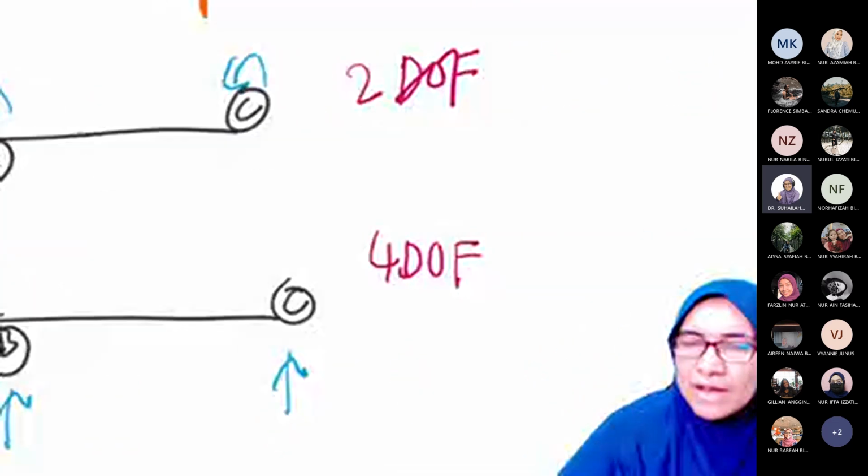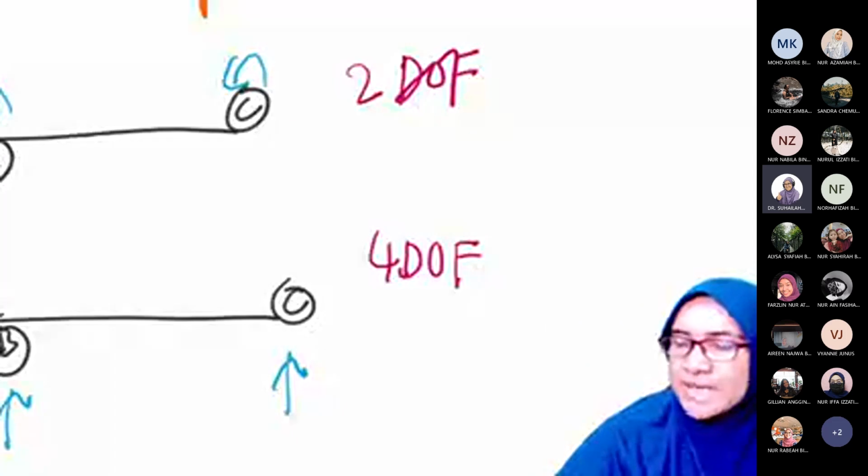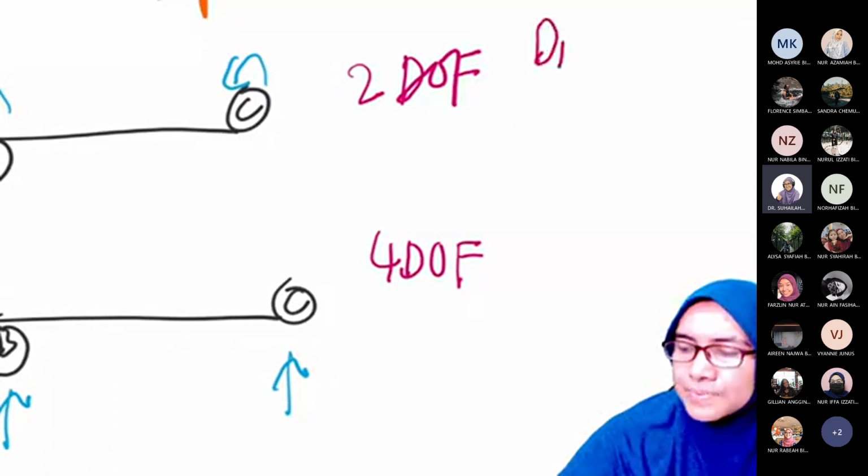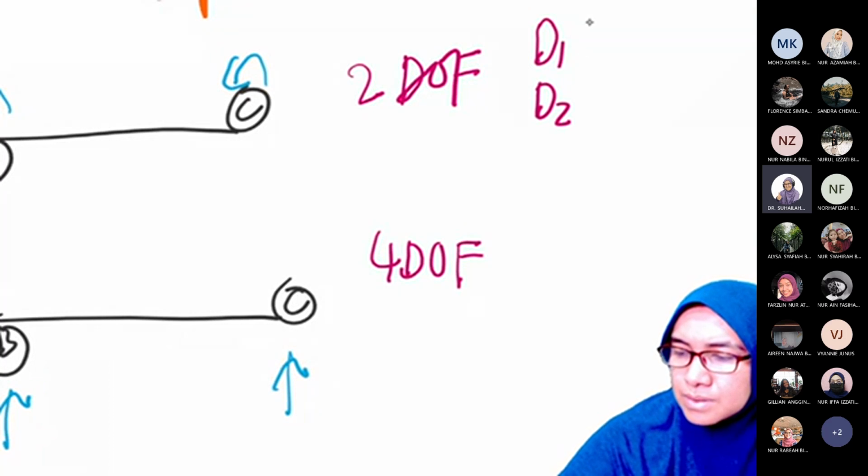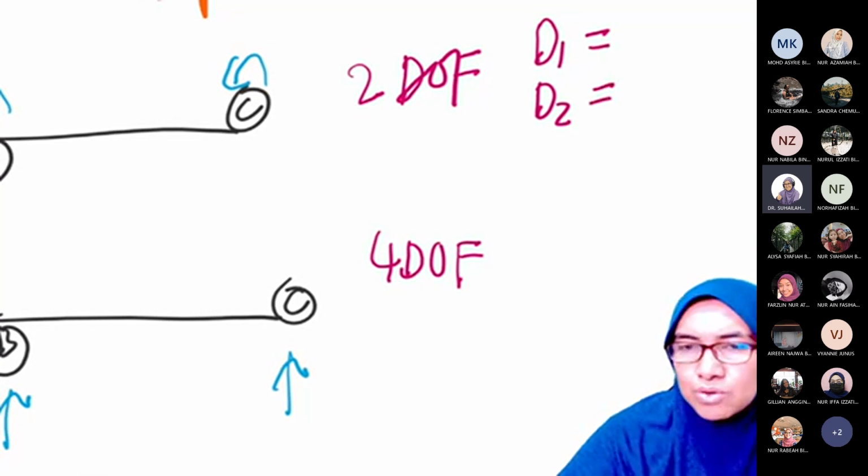So 2 DOF in the unconstrained system represent D1 and D2, which are non-zero displacements. Where are D1 and D2 here? In this 6 by 6, where is zero and where is non-zero?